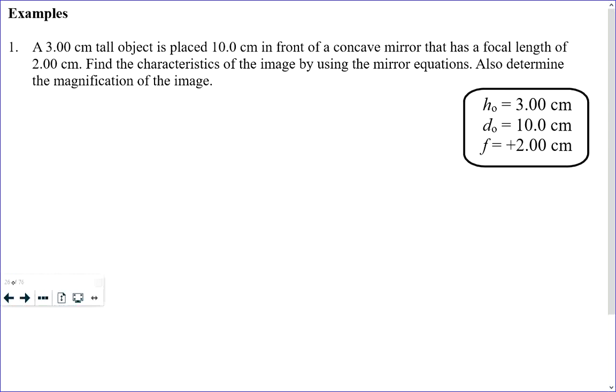What is it about this question that tells us we're going to have a positive focal length? Sebi? It's a concave mirror. And I'm going to go one step further and say it's a converging mirror. And I might as well jump ahead in time here and explain to you why I want to use the word converging. A converging mirror has a positive focal length.